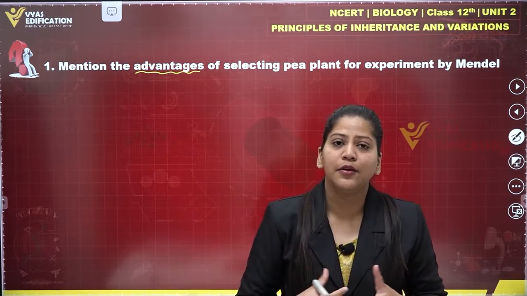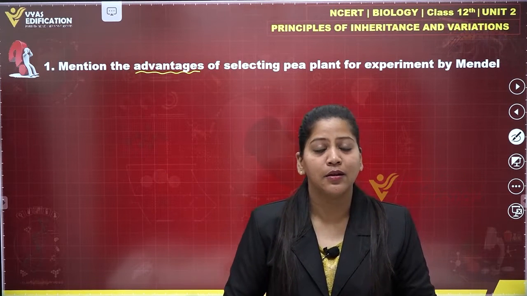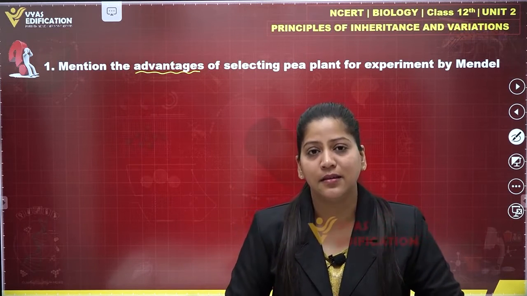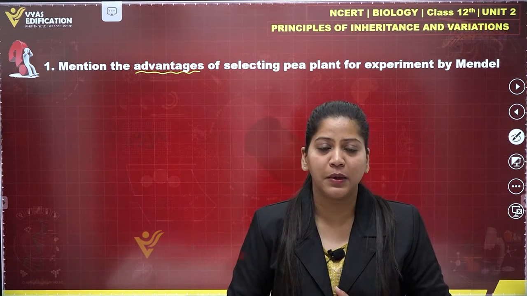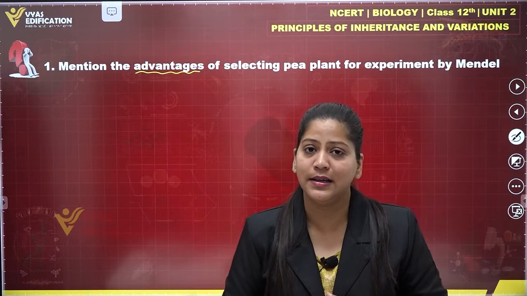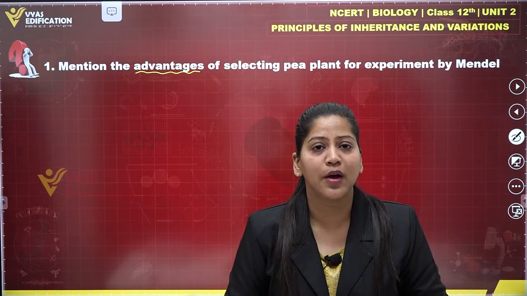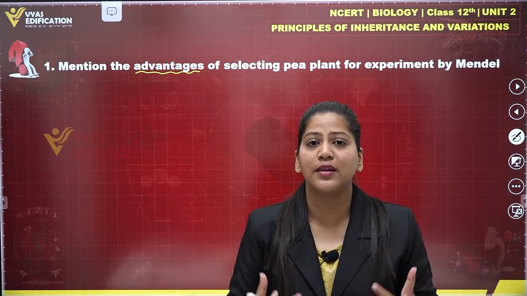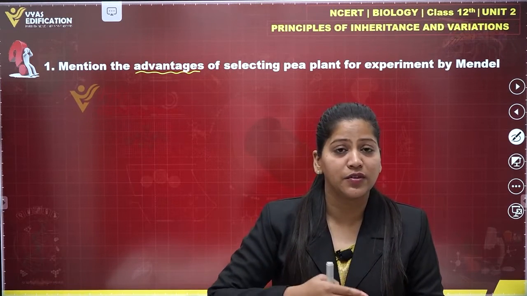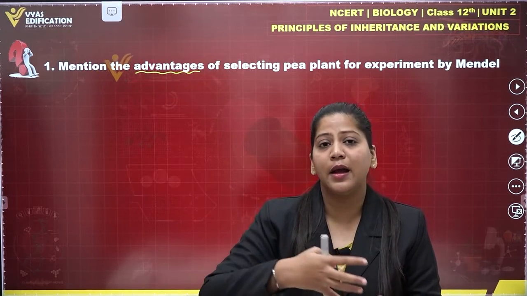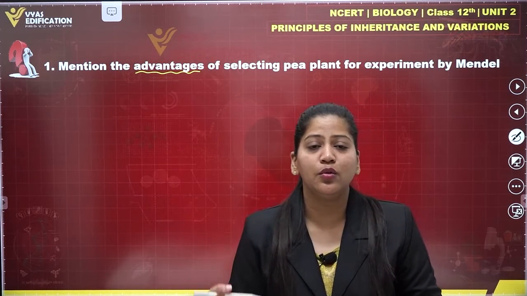Pea plants have various kinds of advantages. That's why Mendel selected this plant. First of all, the first advantage is that it has various contrasting traits. It has various contrasting characters which are easy to know, and they are passing from one generation to the next generation.